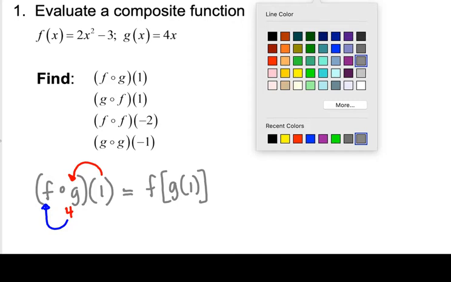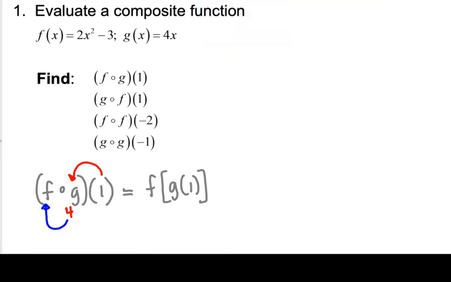So g of 1, I'm going to figure out what g of 1 is. I'm going to do a little bit of work up above. So I'm going to go to the g function, g of 1. Well, that's 4 times 1, which is 4. So now I'm going to rewrite this.